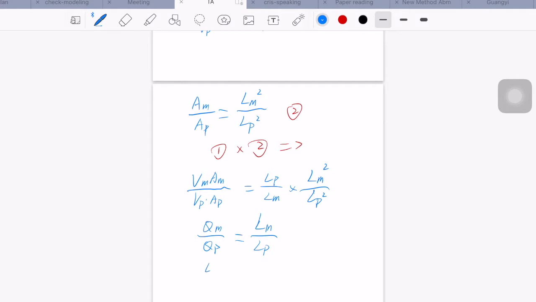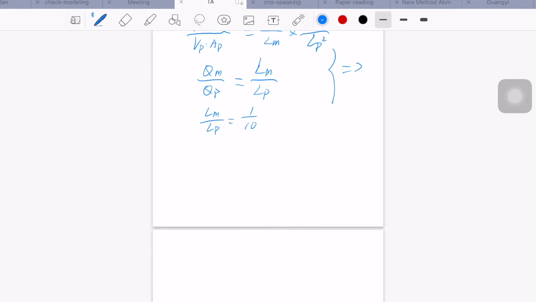Since we know from the problem that LM over LP is 1 over 10, QM over QP is 1 over 10. So this is the discharge ratio.